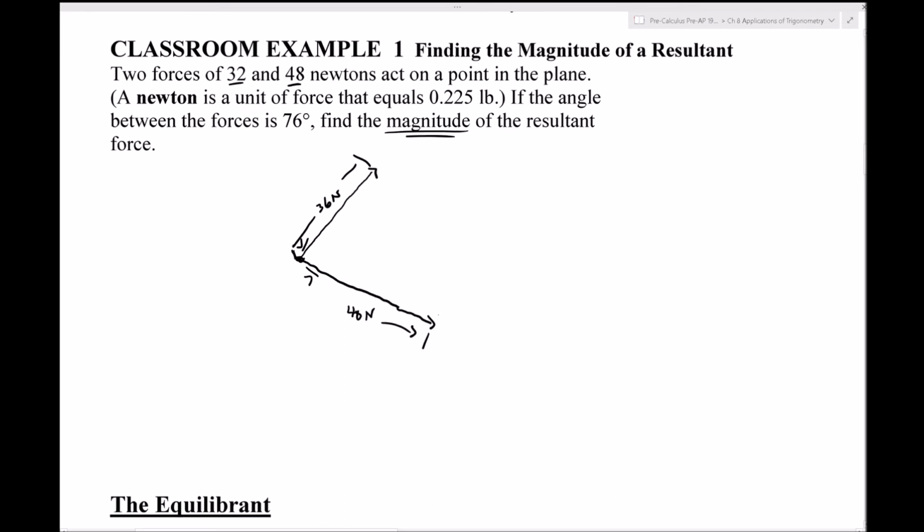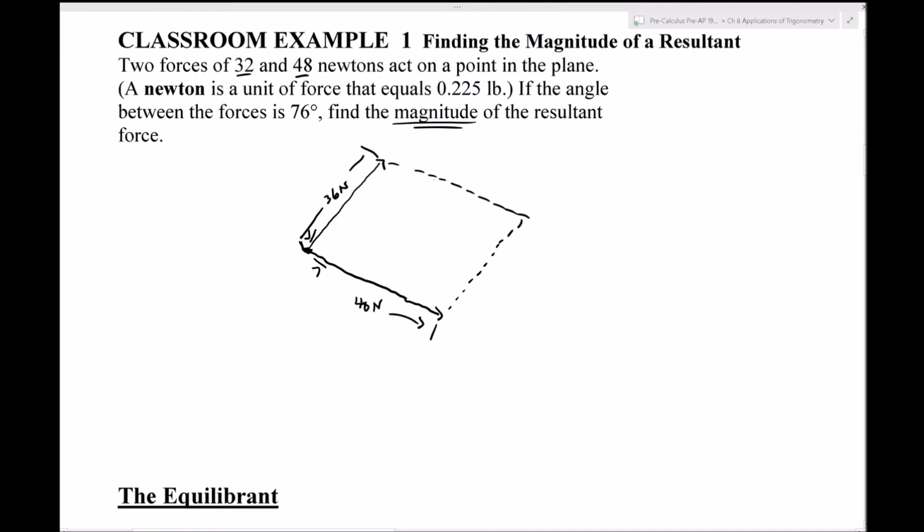So you could take it as if they're pulling the point. Then what you would do is recreate those vectors this way and draw a parallelogram. If you do that correctly, there are a couple of rules for parallelograms. Opposite sides are supposed to be parallel to each other, and if I had drawn that better, they would look perfectly parallel. Also, opposite sides have the same measure, so if this one's 48, the opposite one is also 48.